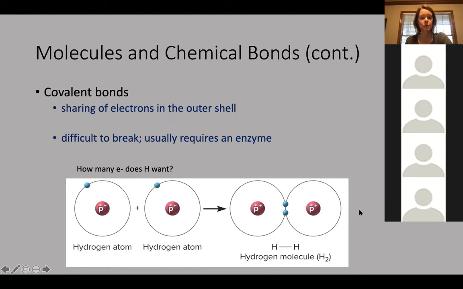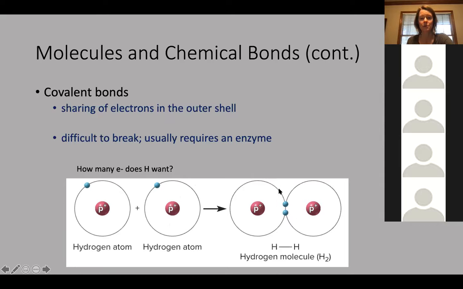So for instance, if we look down here at these two hydrogen atoms on the left, remember hydrogen atoms each only have one electron, and they only have one energy shell. So they really only need one more electron to fill that first energy shell. So they very often bond with each other because they can each share one of theirs.